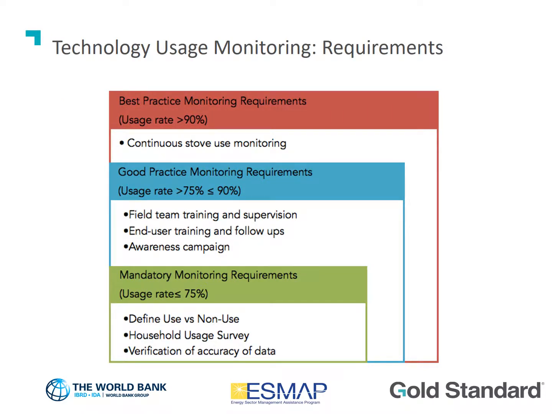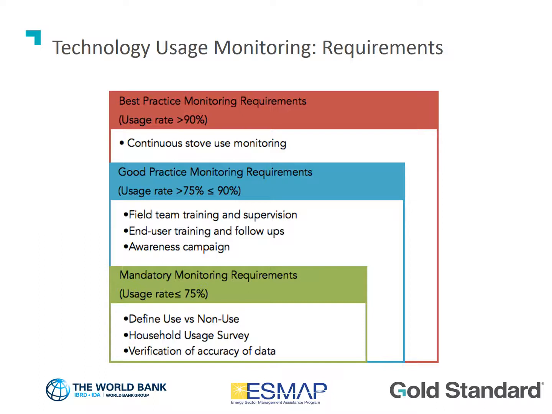The ADALYs methodology provides the detailed requirements and guidance on usage monitoring. It includes 3 levels of usage rate monitoring requirements of increasing rigor that each have maximum usage rates that can be claimed by applying them.